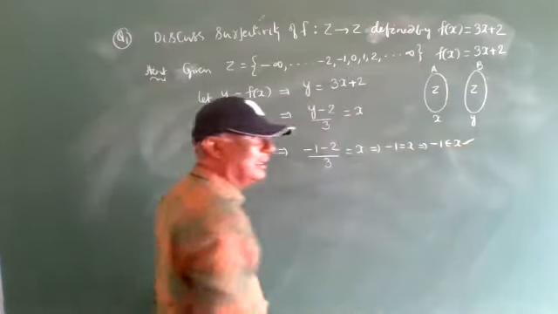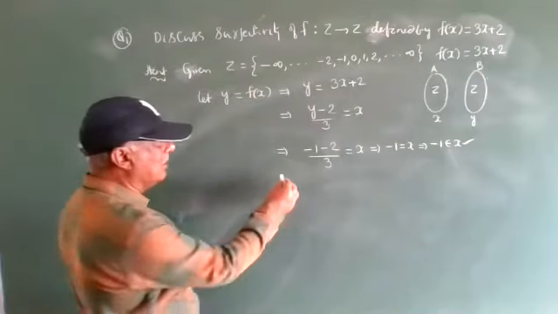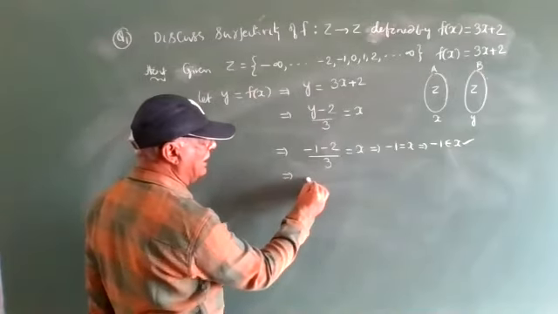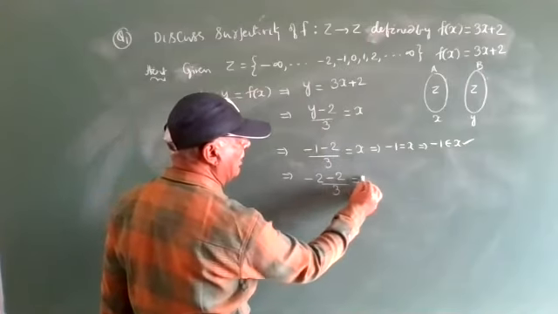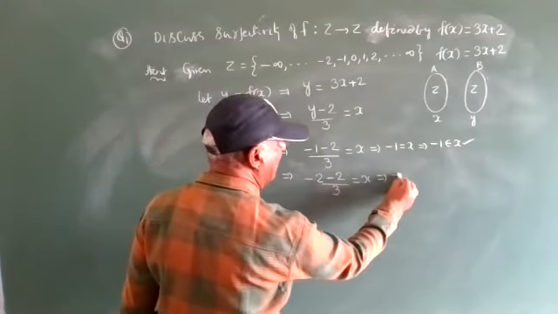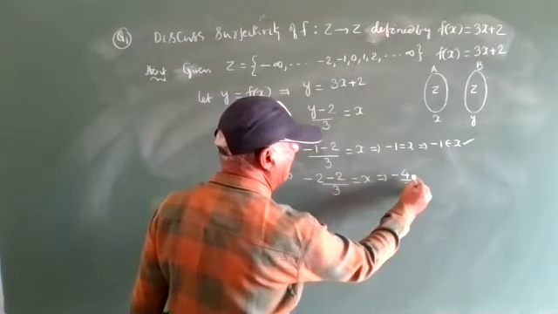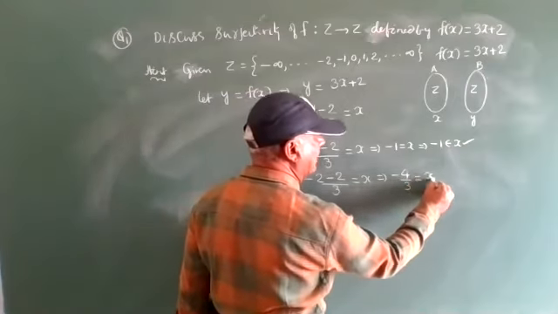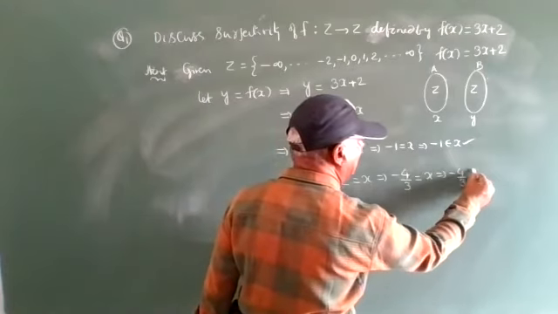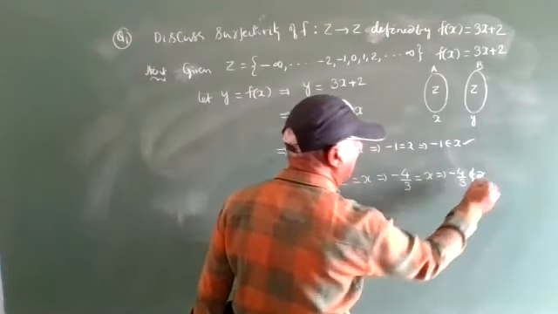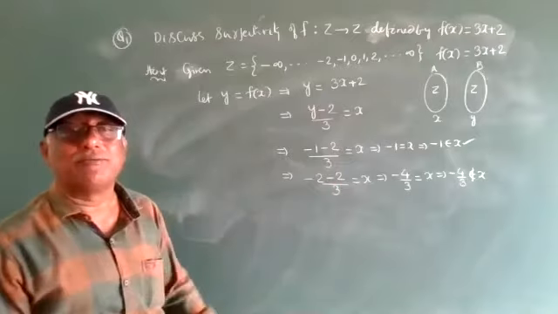Is it correct? Now see the second one. Take y as minus 2: minus 2 minus 2 by 3, so minus 4 by 3 is equal to x. But minus 4 by 3 is not an integer. It is a rational number, so the condition fails.